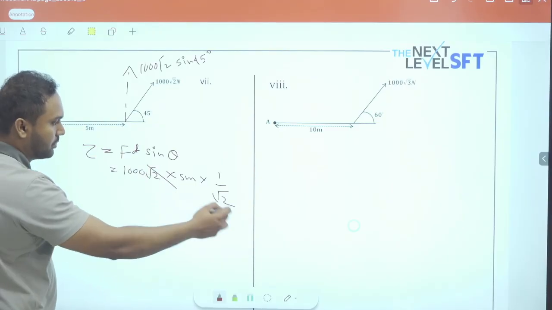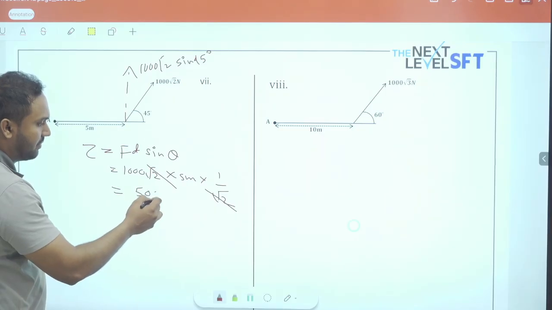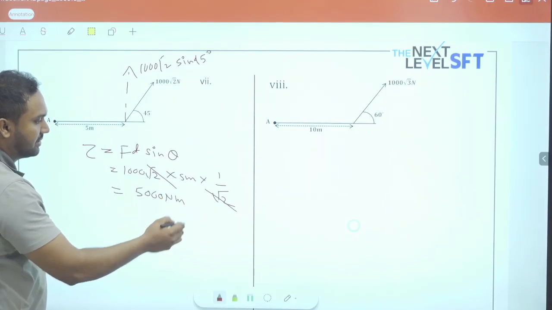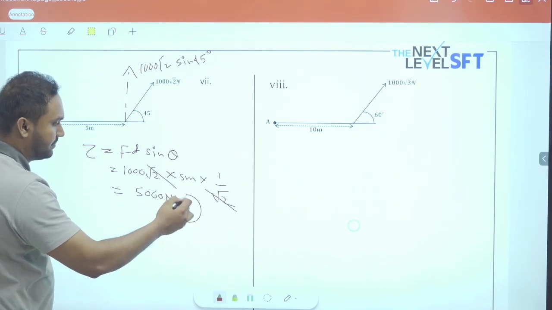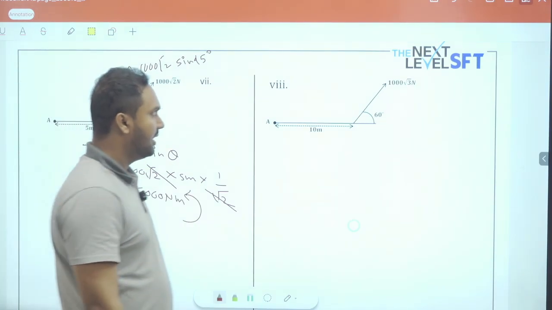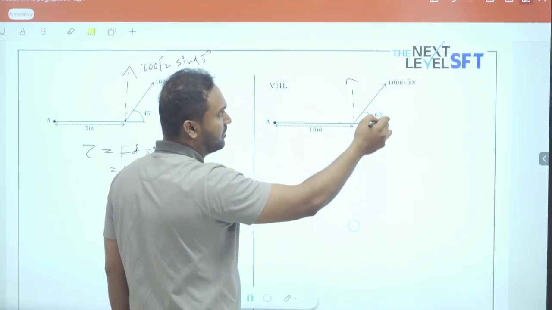So root 2 to root 2 cancels out. 1000 into 5 is 5000 Newton meters, and it is acting anticlockwise, right?